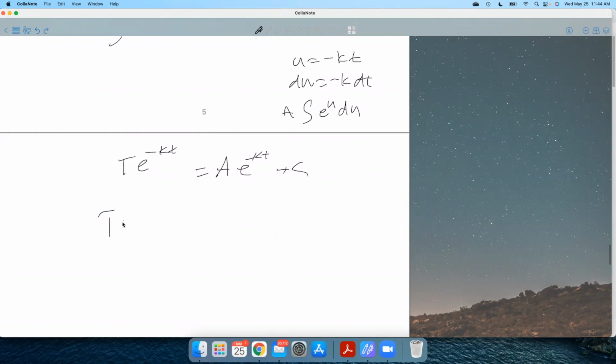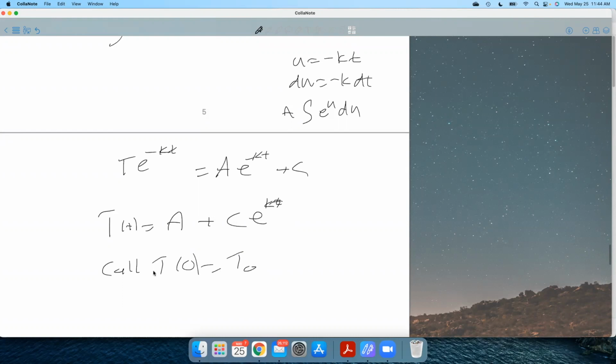We'll get T of little t equals A plus some constant C e to the positive kt. And then let's say we have our initial temperature. Let's call T of 0, the temperature of the pie when you pull it out of the oven, T0.